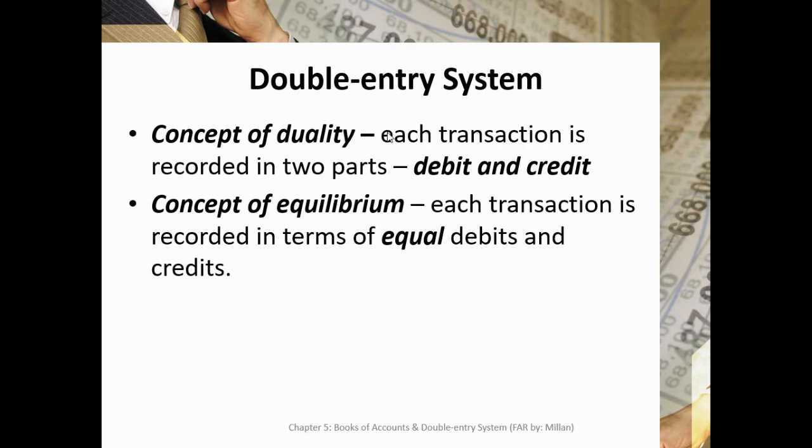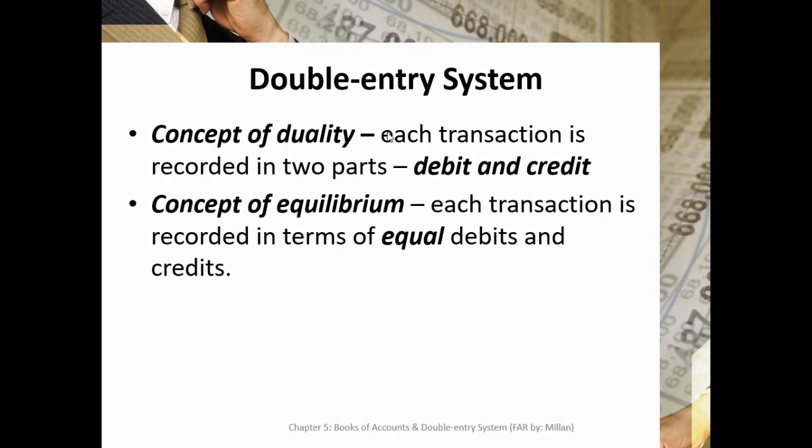Kung may dinebit ka, may credit ka din. So, for each amount that is debited, there must be a corresponding amount that is credited and vice versa. This is in order for the accounting equation to be balanced at all times. So, laging tandaan na kung magkano yung nasa debit side, yun din dapat yung total amount na nasa credit side.